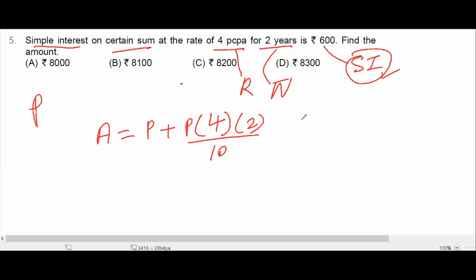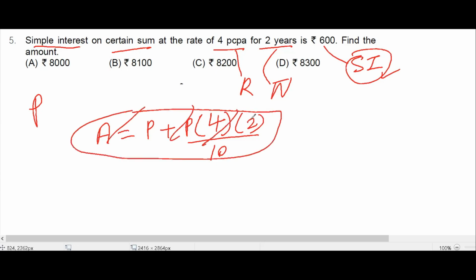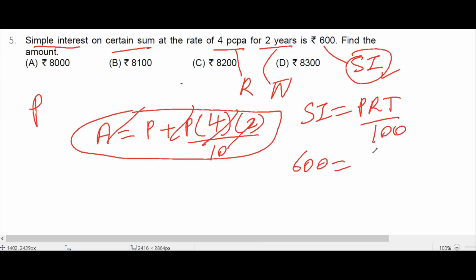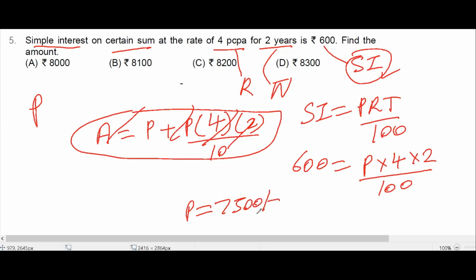So I will not apply this formula; I will apply the formula of simple interest, that is simple interest is equal to PRT upon 100. Simple interest is your 600, P I need to find, R is your 4, T is your 2, divided by 100. When you solve this, you will get the value of P as 7500.